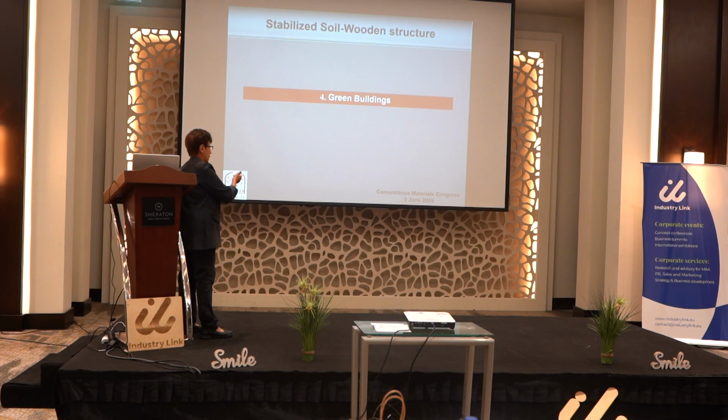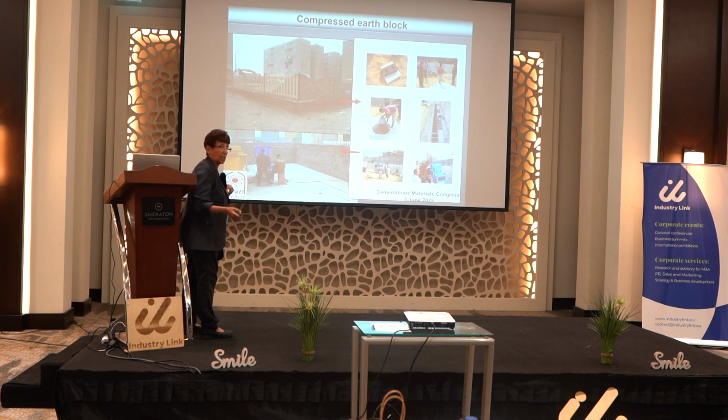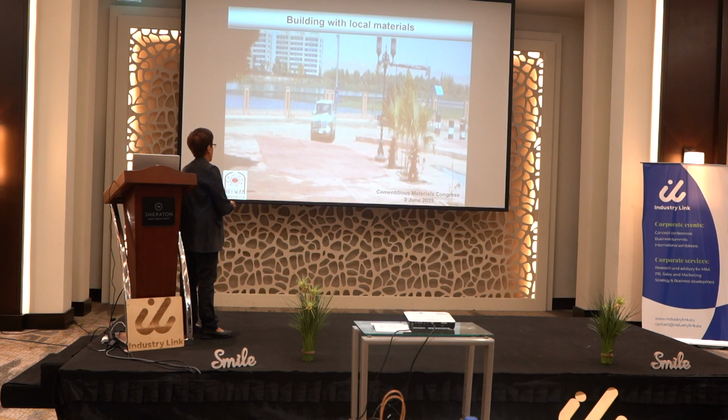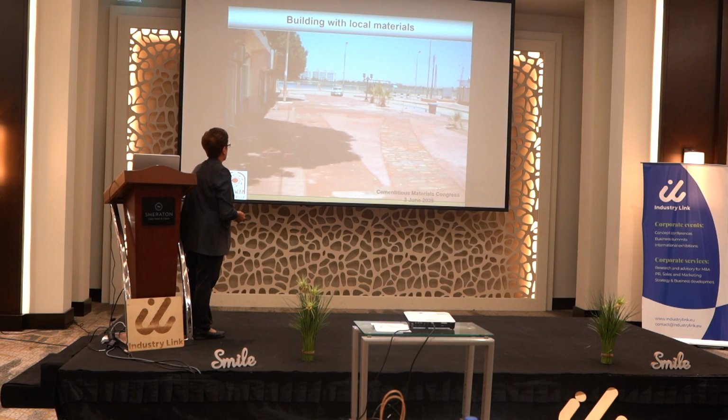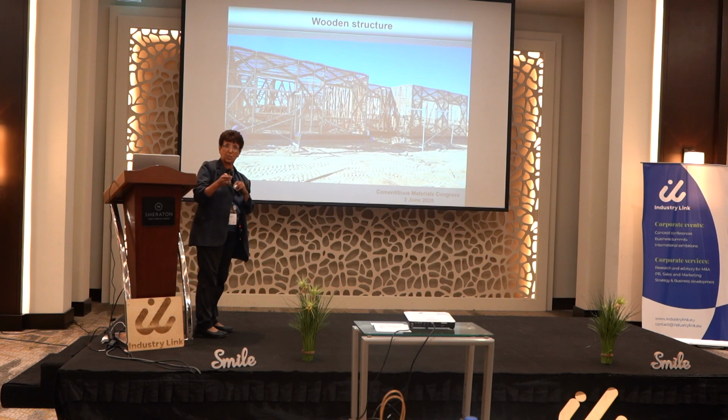Now the green building, you have two main things in green building. Either to work with stabilized soil with architects, we had a lot of colleagues with architects. And we had a very nice road with the stabilized soil in Aswan. Or now we are using the wooden structure. The wooden structure, we use it also to stabilize soil.